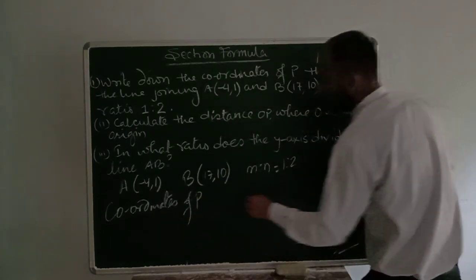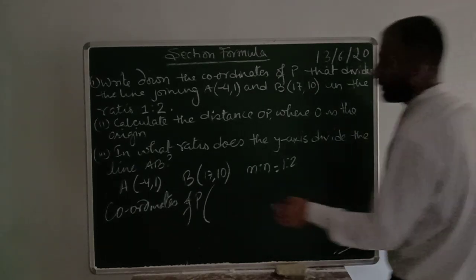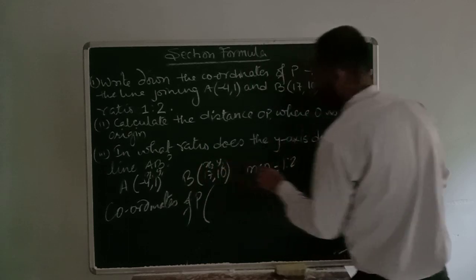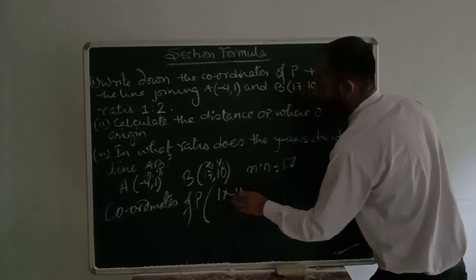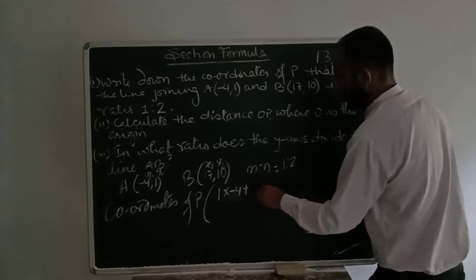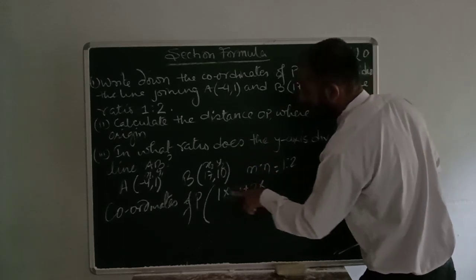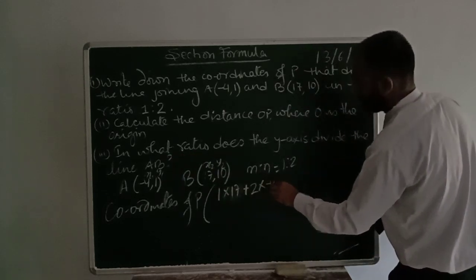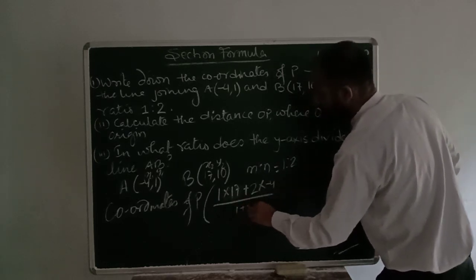We know how to use section formula by now, so I'm directly going to use it. See here, x1 y1, x2 y2, m:n. So mx2 plus nx1, I'm sorry, x2 is 17, x1 is minus 4, by m plus n, that is 1 plus 2.